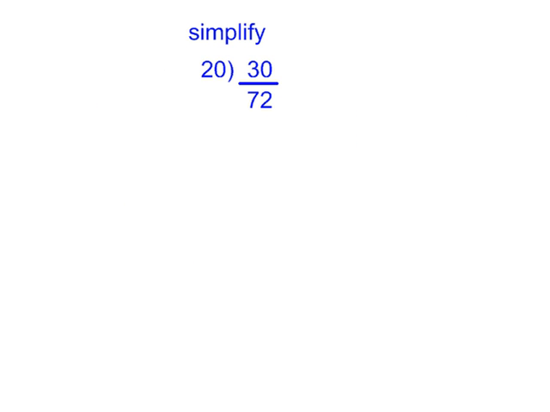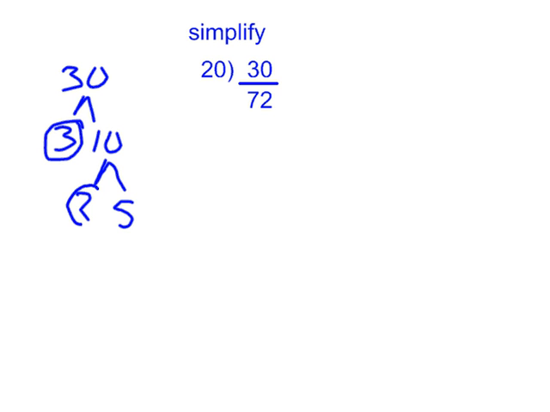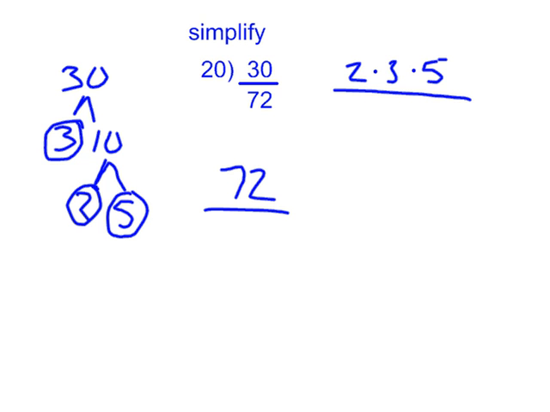Number 20, 30 over 72. We're going to do the exact same thing. Prime factorization, 3, 10, 2, 5. So 30 would be 2 times 3 times 5 over 72, which would be 36 times 2.